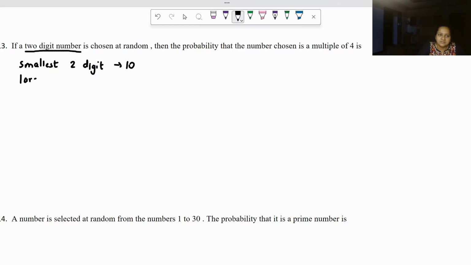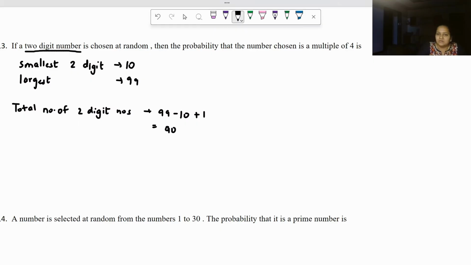And the largest is 99. So the total number of two-digit numbers will be 99 minus 10, but because we want to include 10, I'll add a 1 over here. So that is 90.